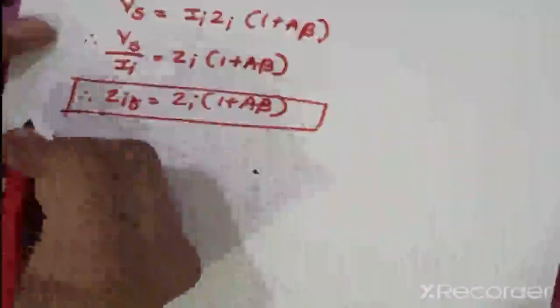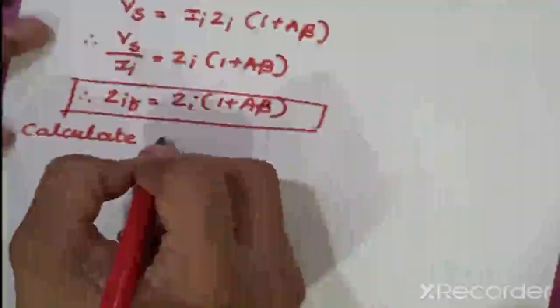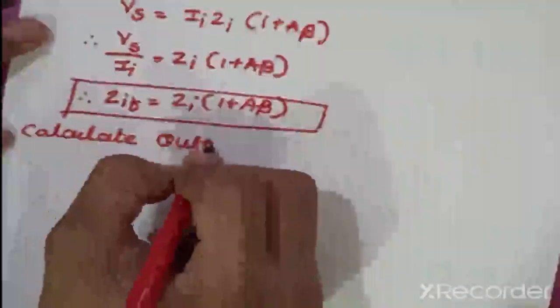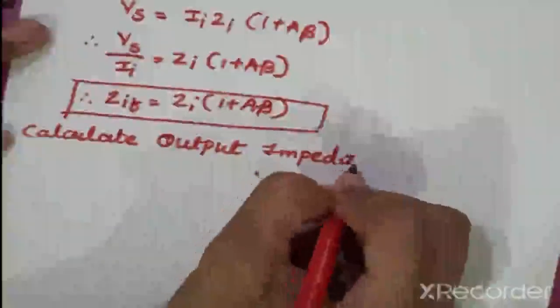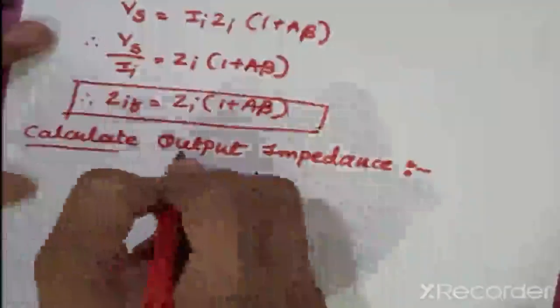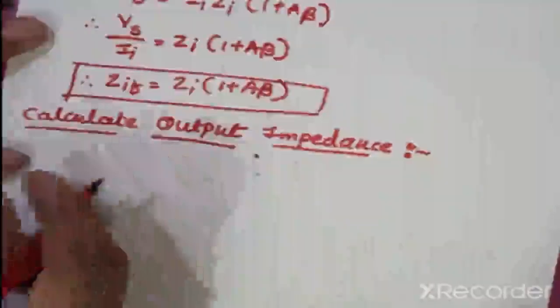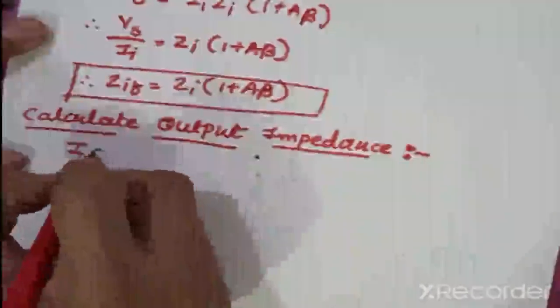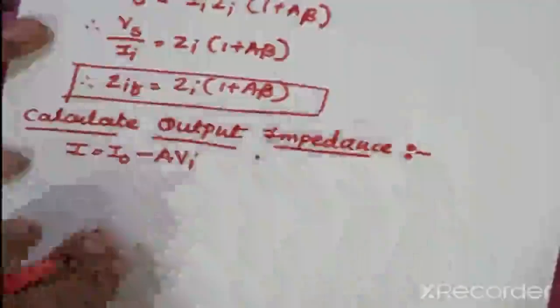Now let's calculate the output impedance. For the output impedance, we have I equal to Io minus A Vi.